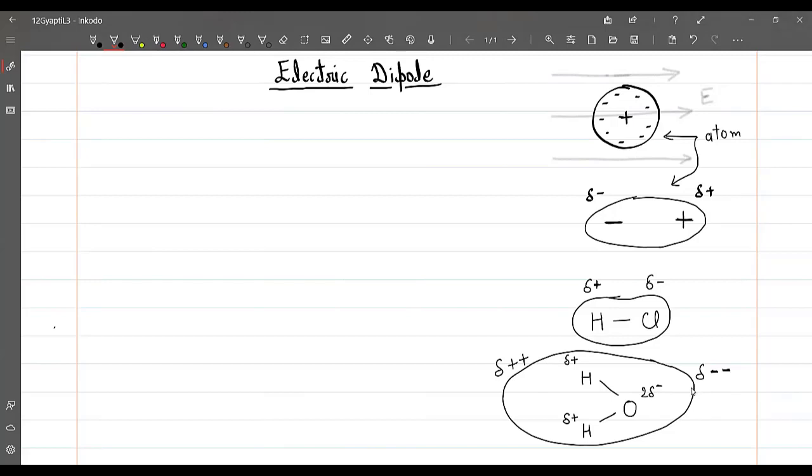So this is found very common in nature whenever you apply electric field to any object, any substance. So it tends to behave like this, and this quantity, the separation of positive and negative charge, is termed as electric dipole. So we'll draw a very simple diagram. Take a negative charge, take a positive charge, and they are separated by a distance.